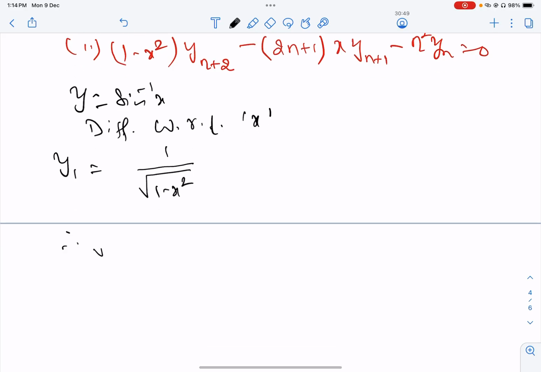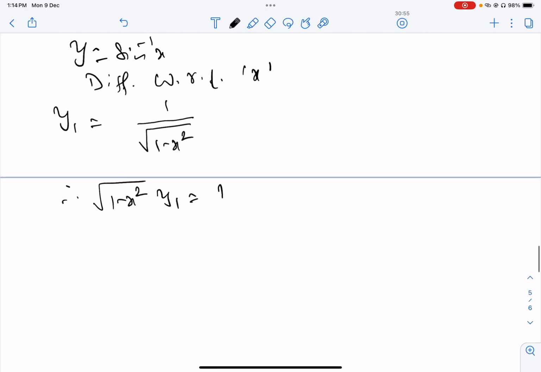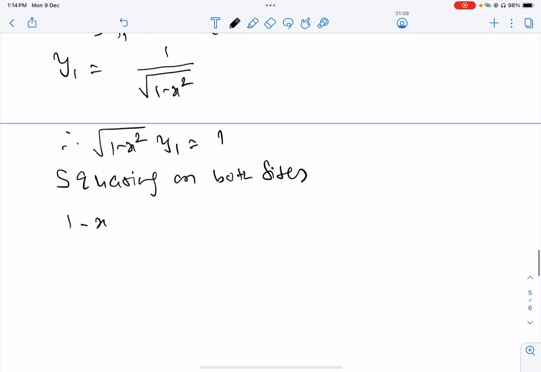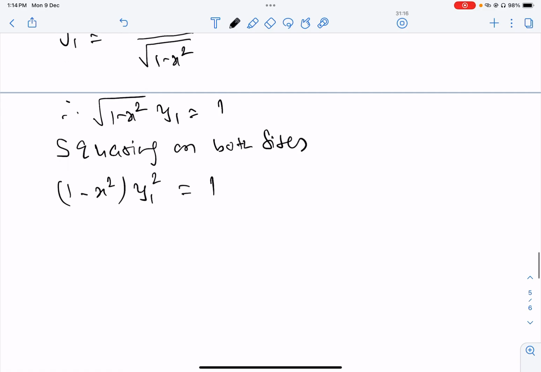And so we can write root 1 minus x square y1 equal to 1. Let us take square. So squaring on both sides, this is (1 minus x square) y1 square and is equal to 1.